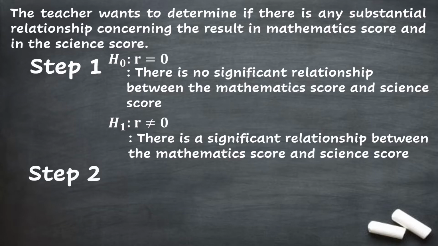For step 2, for problems under Pearson r correlation, we have to identify the alpha level, the number of tailed tests, and the degrees of freedom. For the alpha level, it is not stated in the given problem. So if the alpha level is not stated, then automatically the alpha level is 0.05.